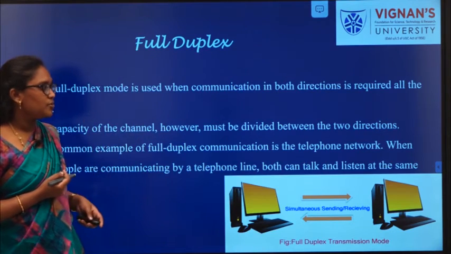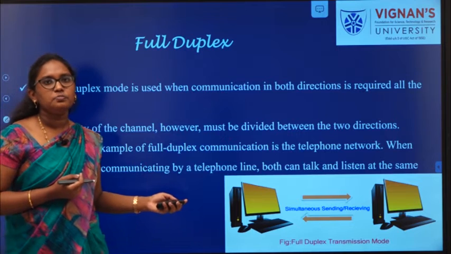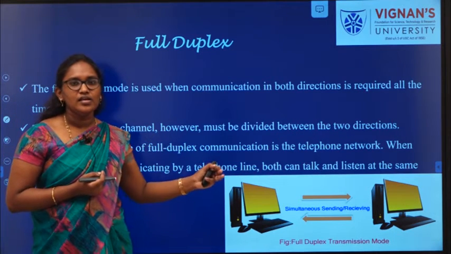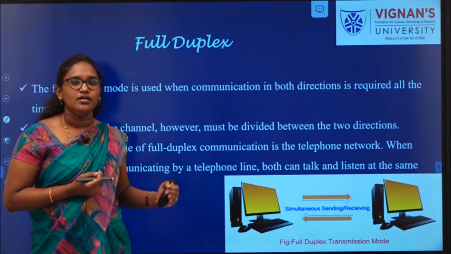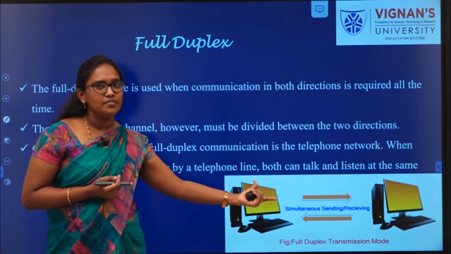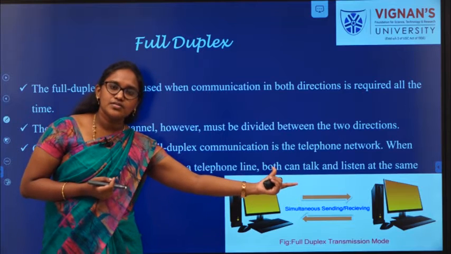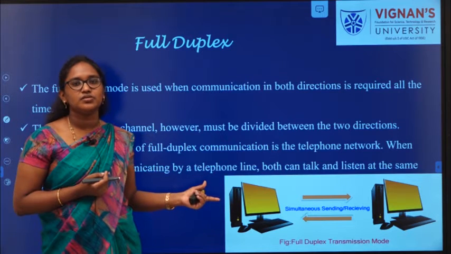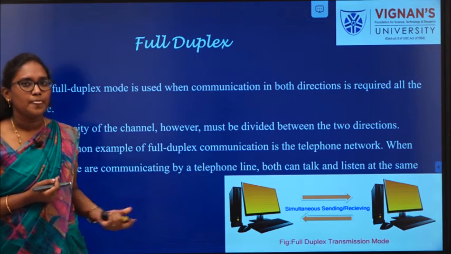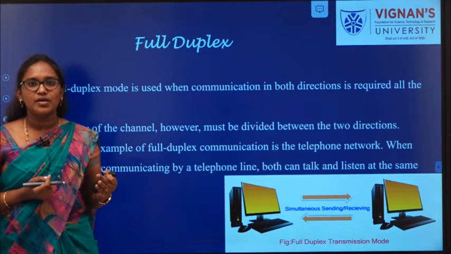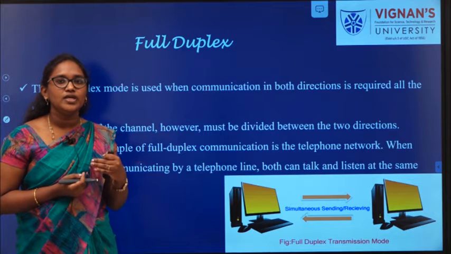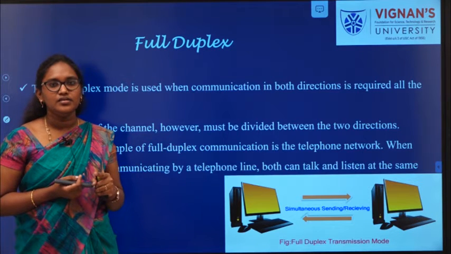Next one, full duplex. Here full duplex means sender as well as receiver can exchange the data at the same time. That means when sender is sending some information, the receiver also can send the information to the sender at the same time. That is called as a full duplex. So in a summarized way, simplex means its communication is unidirectional, only one can talk.